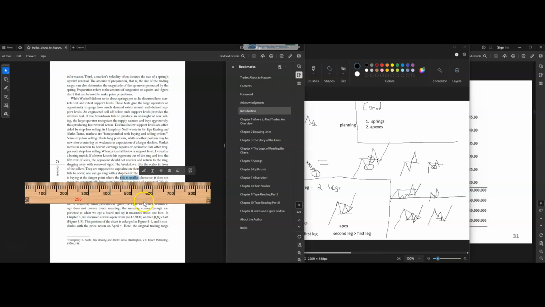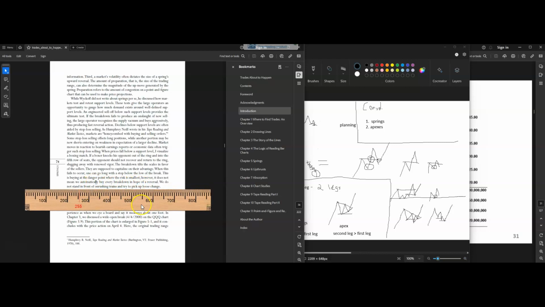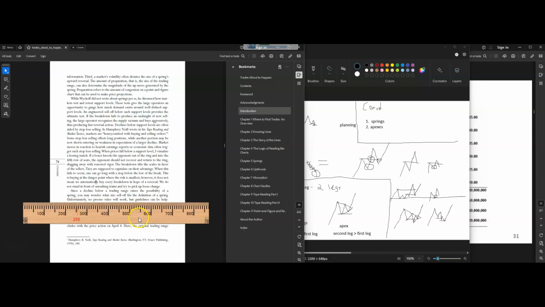There you go. However, it does not mean we automatically buy every breakdown in hope of a reversal. We do not stand in front of a train. Since the decline below the trading range raises the possibility of a spring, you may wonder what size sell-off fits the definition of a spring.